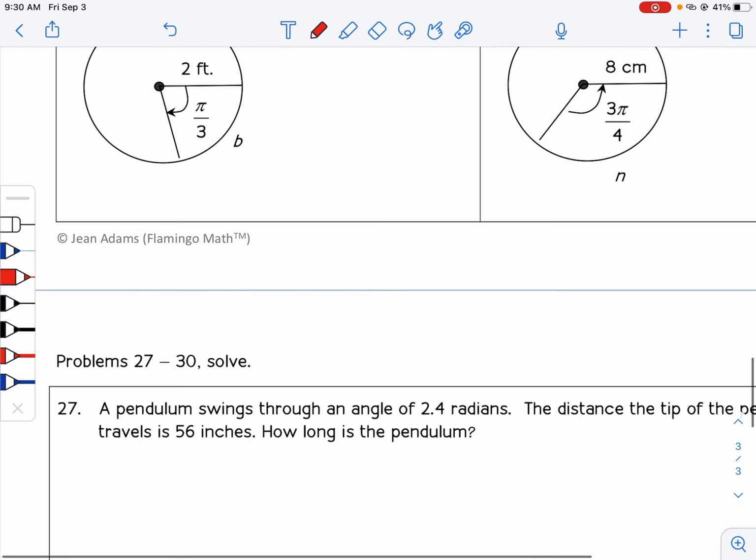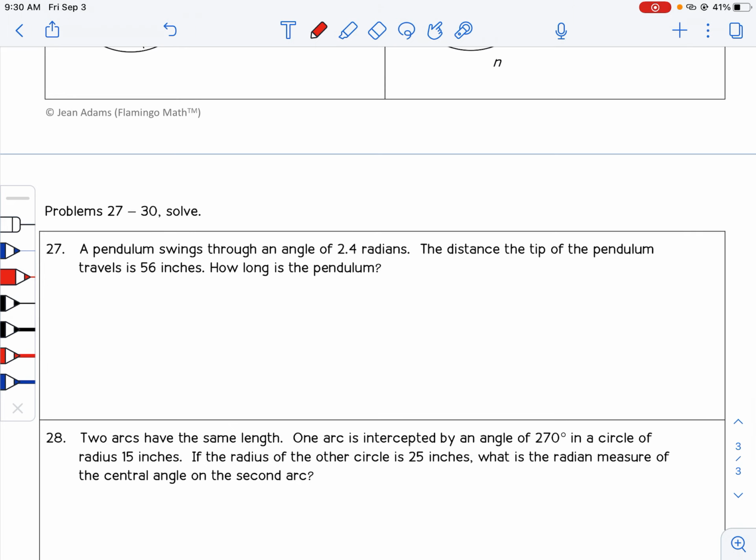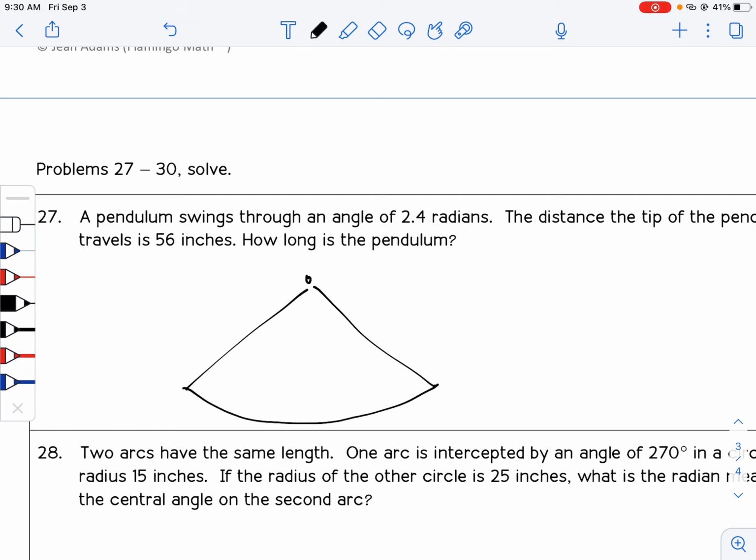All right, so down here, a pendulum swings through an angle of 2.4 radians. The tip of the pendulum travels 56 inches. How long is the pendulum? So again, similar problem here, right? If we diagram this out, it tells us that this distance here is 56 inches. So the arc length is 56 inches. And it tells us the angle is 2.4 radians.